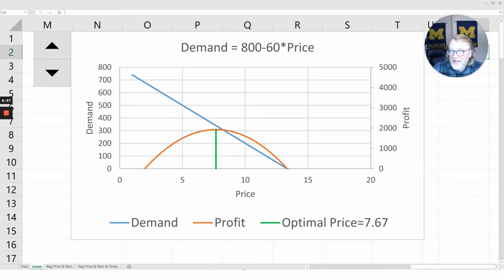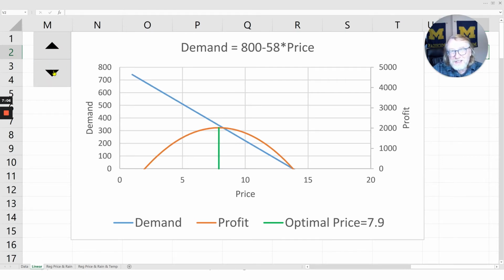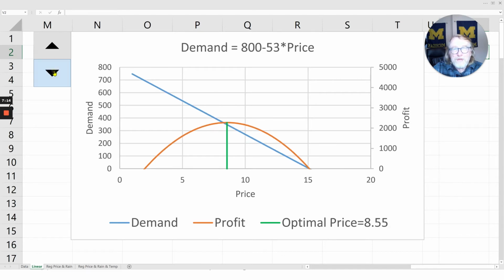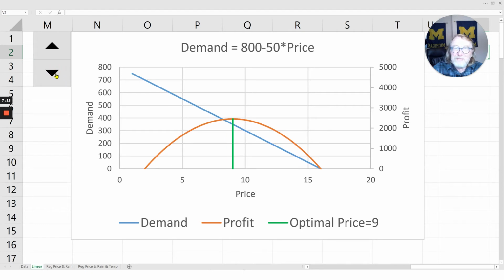And we can see that as the slope gets smaller and smaller, I should say closer to 0, people are becoming less and less price sensitive, right? And when people become less and less price sensitive, you can shift your pricing up, right? You can make more money.